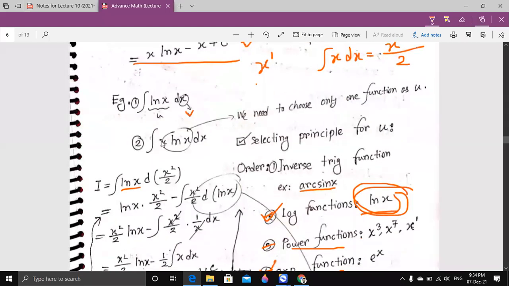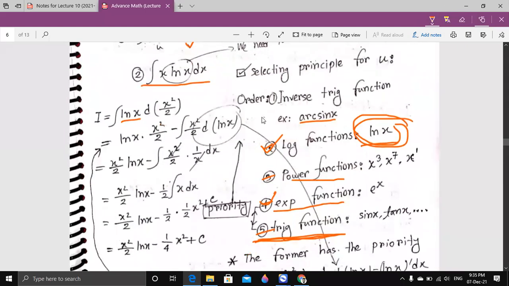So here the thing is, we have integration of x ln x dx. We just let ln x equal u, because from this order, the selecting principle for u, we know that we first let inverse trigonometric function, then log function.